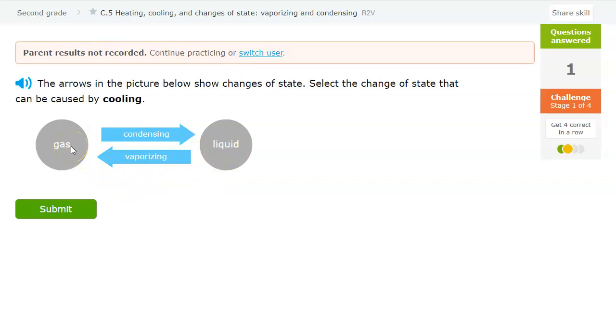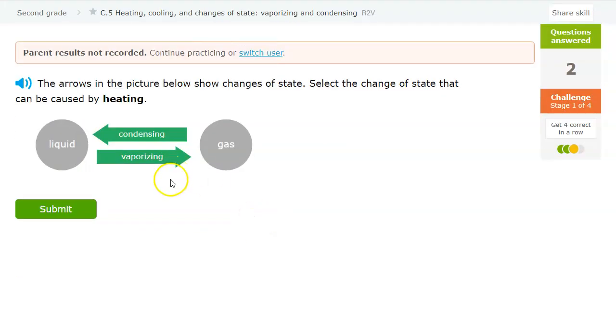You gotta heat it up to get that gas. So this is the opposite. To get a gas to go to a liquid, you cool it down. Think about the side of your drink when you have an ice cold drink. It cools the air around it, and you get little droplets of water on the outside of your cup. That's condensing. So gas being cooled gets us to liquid.